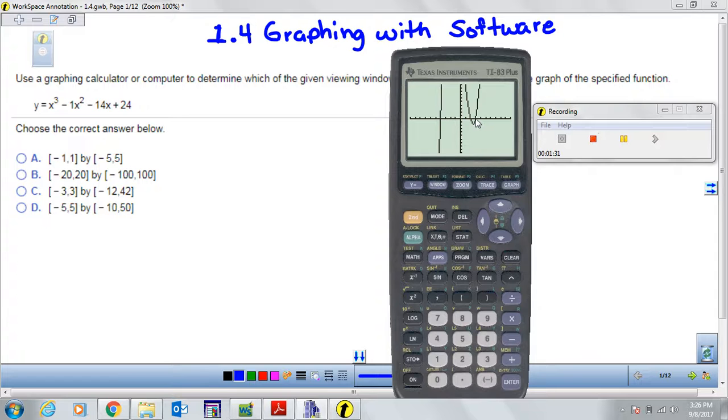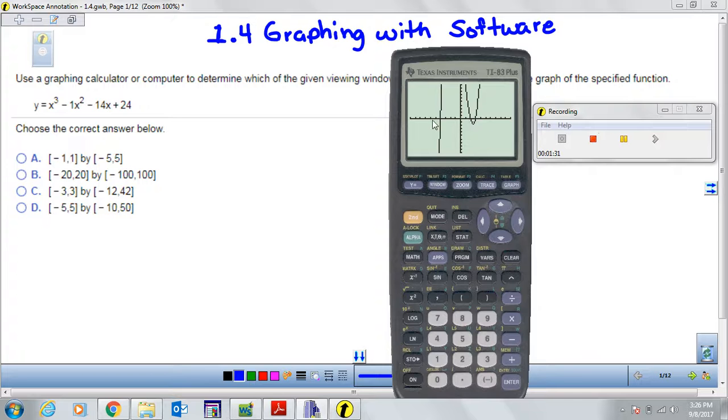And then 1, 2, 3 at positive 3, a little bit to the right side of that x-intercept. So we would like to see a little bit to the left side of the x-intercept on the left side, and a little bit to the right side of the last x-intercept on the right side.